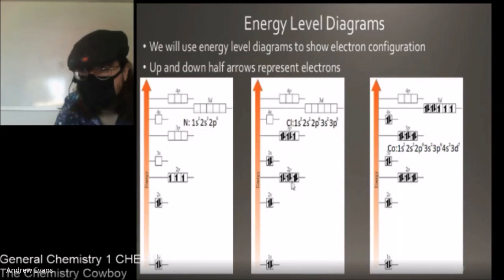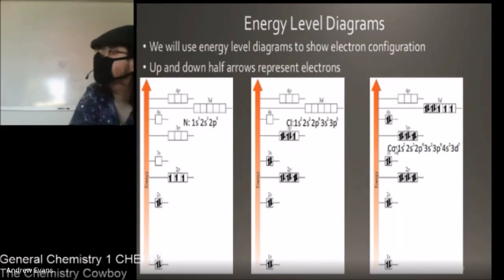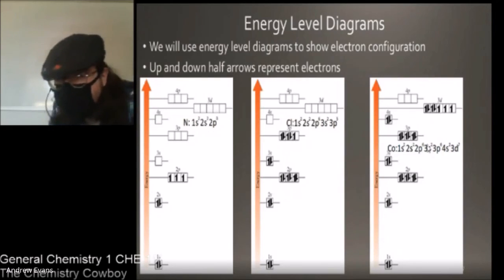So start from nitrogen, that's 7 electrons, 8, 9, 10, 11, 12, 13, 14, 15, 16, 17. Cobalt, getting even harder. That is 27 electrons, if I'm not mistaken.